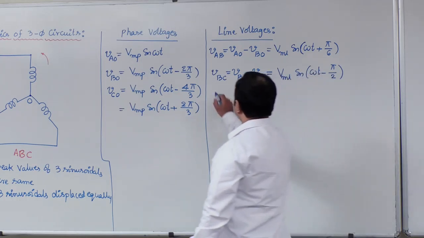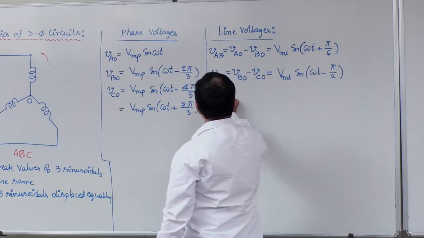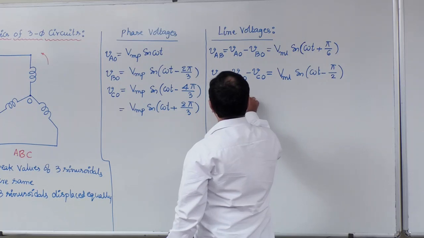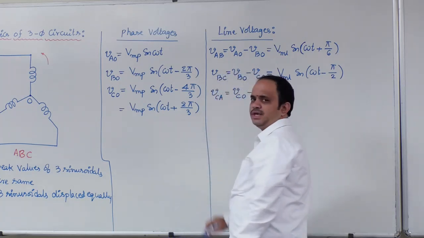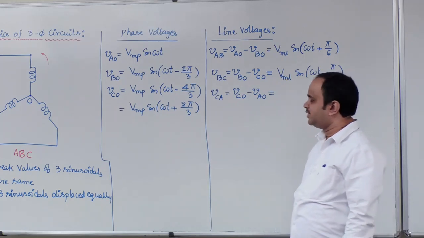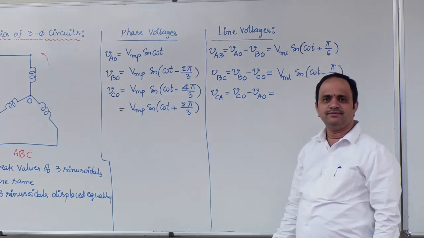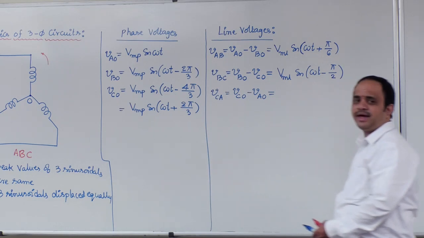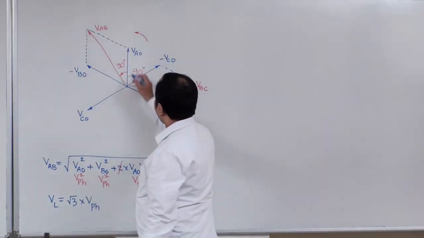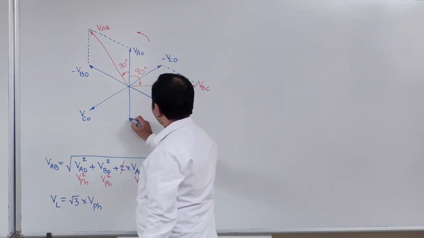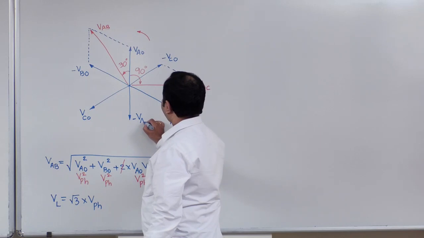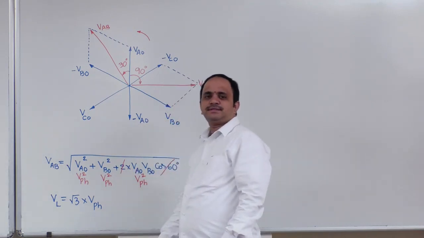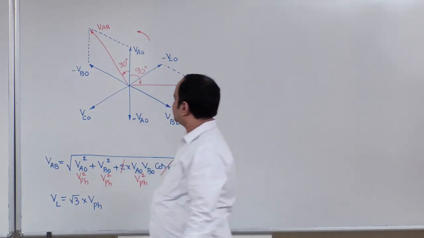Next, CA: VCA is equal to VCO minus VAO. How can you define that? Now, CO and AO, where VAO, if you extend here by 180 degrees, you will get minus VAO.